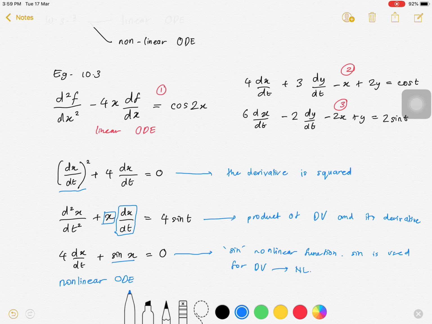Alright, so hopefully you get some idea about the difference between linear and nonlinear equations.